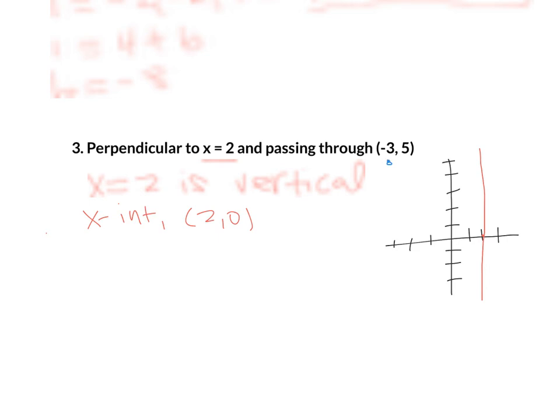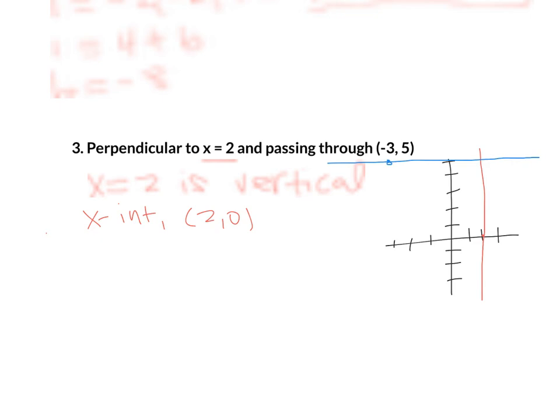Well, if it's perpendicular, then it's going to cross at right angles. So our job is to find the equation of that horizontal line. Remember, a horizontal line has a slope of 0.